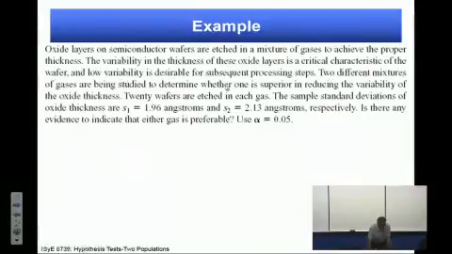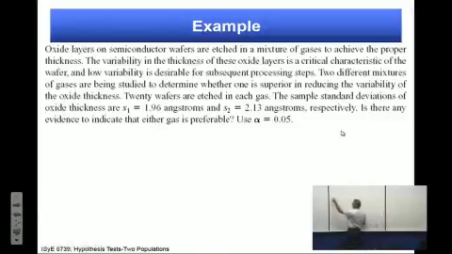We have 2 different mixtures of gases, and we perform some experiment. 20 wafers are etched in each gas, and we calculated the sample standard deviation of oxide thickness. For the first batch of 20, S1 is 1.96. For the second batch it is 2.13. So is there any evidence to indicate either gas is preferable?